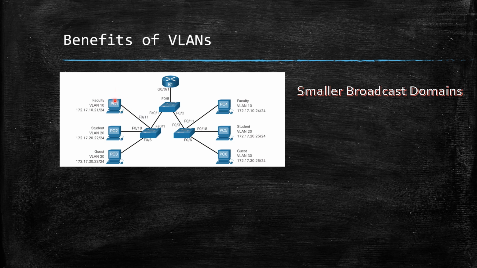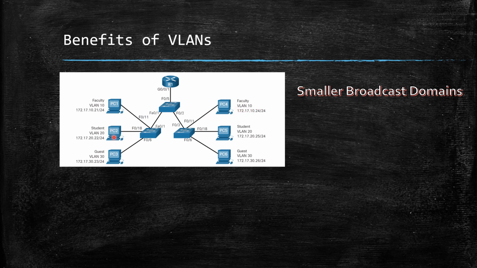You can observe the figure over here. If the faculty PC, which has been assigned the IP 172.17.10.21, PC1, broadcasts the frame, then only the devices which are in VLAN 10, such as this PC, will receive the broadcast frame.